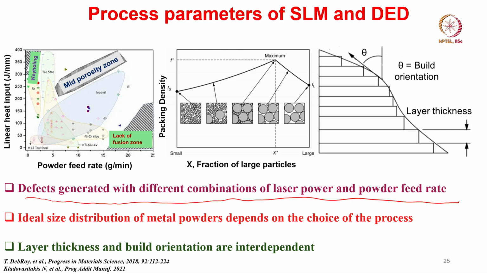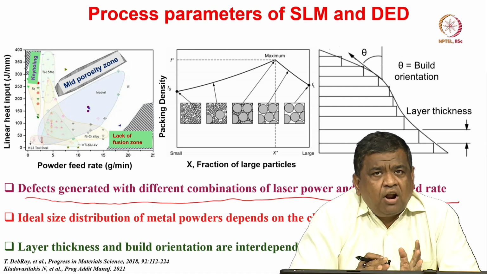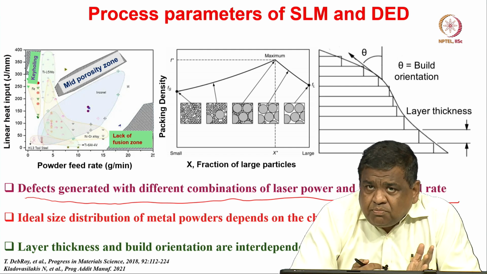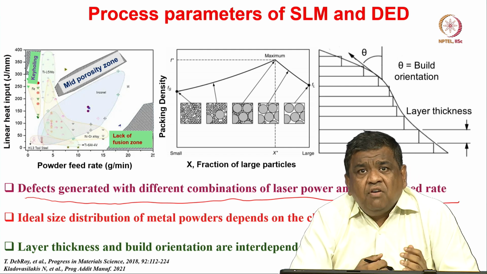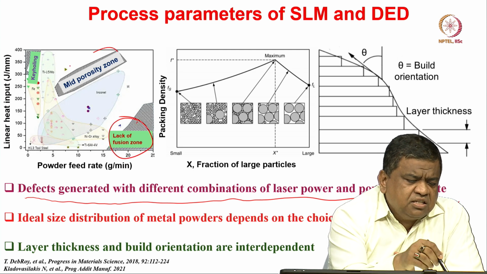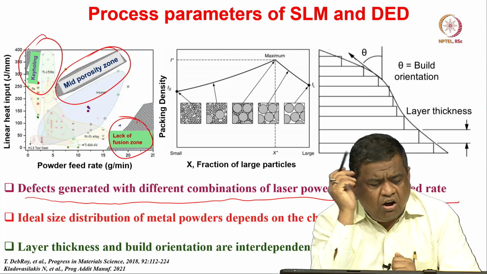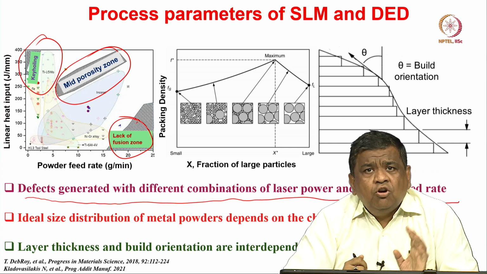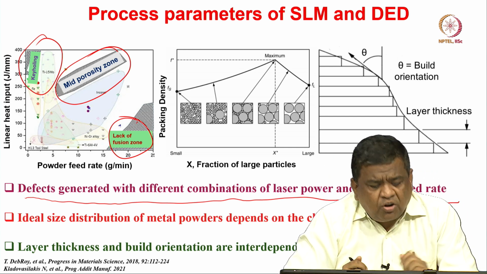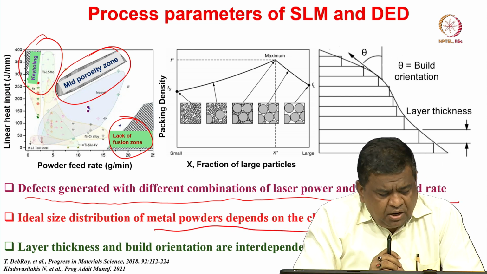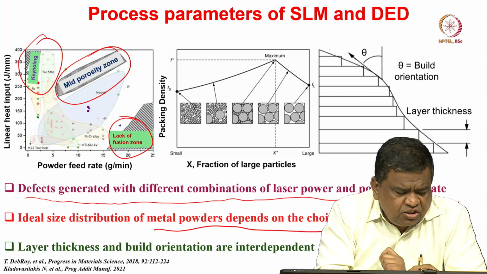This kind of intuitive optimization always follows a trial and error approach, and therefore you need to do hundreds of experiments and also evaluate the material properties to see whether these kinds of defects are there or not. And this combination of defects not only depends on the combination of process parameters, but also on the metal powders, their characteristics and so on.